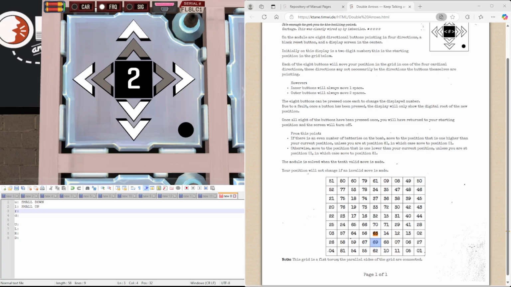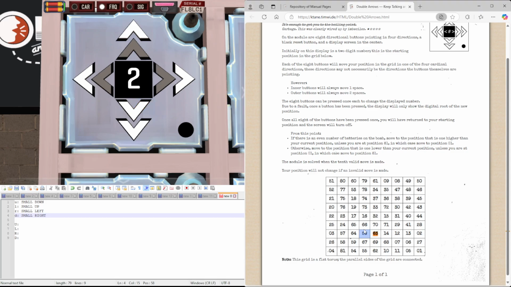Right is 2, so small left. So then small right. So it should take us back to here.